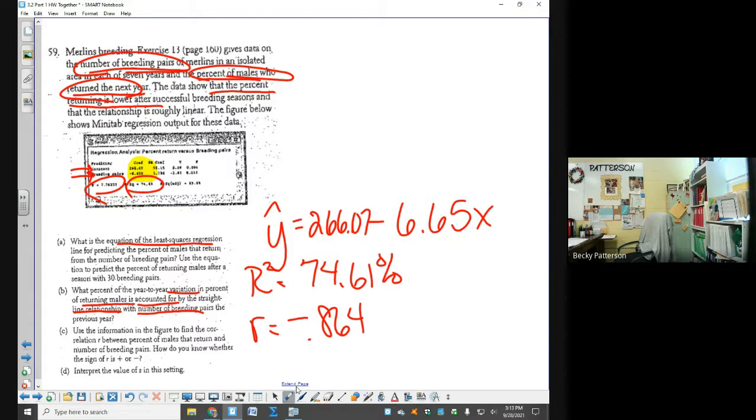When using our least squares regression line to predict the number of males that come back after a certain number of breeding pairs, our predictions will typically, we love that word typically, will typically be off by whatever your S is. Okay? Look, guys, I want you to put a star by D because I want you to practice writing that sentence, knowing that it's in the homework answers.